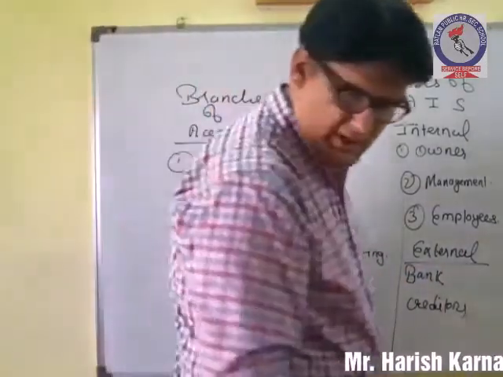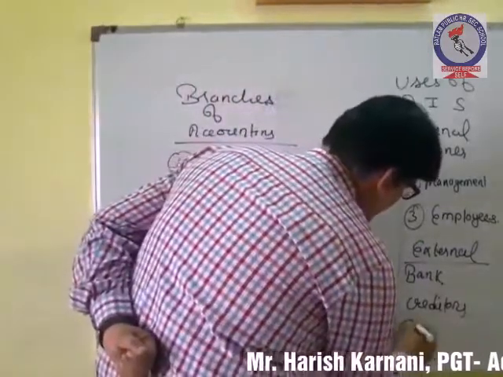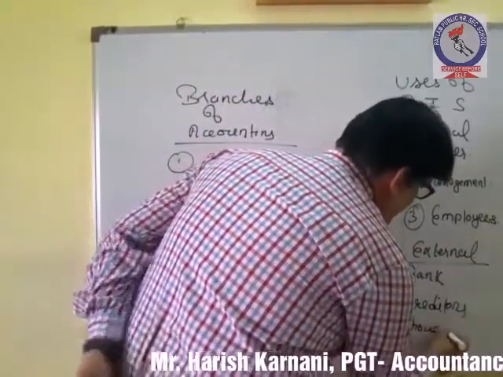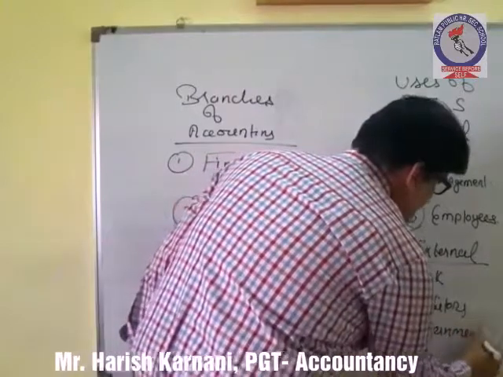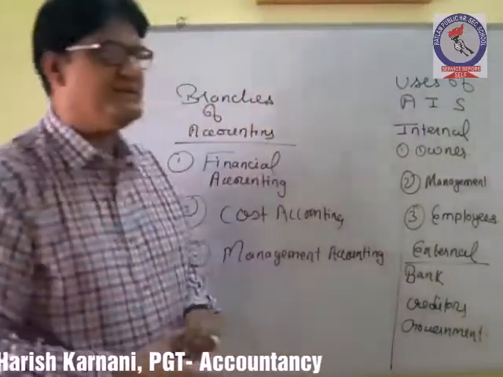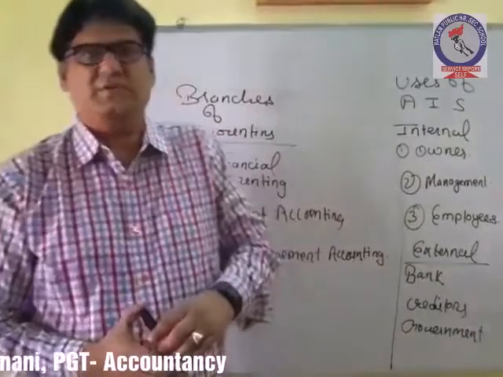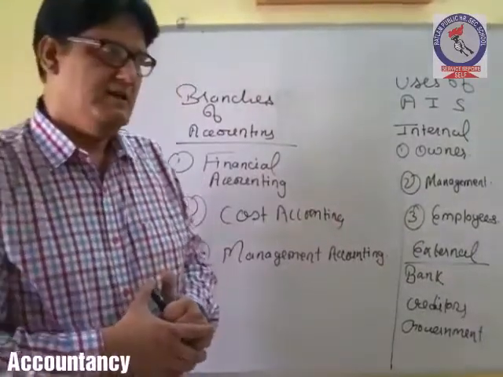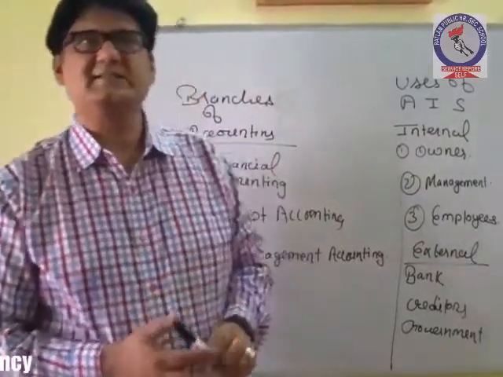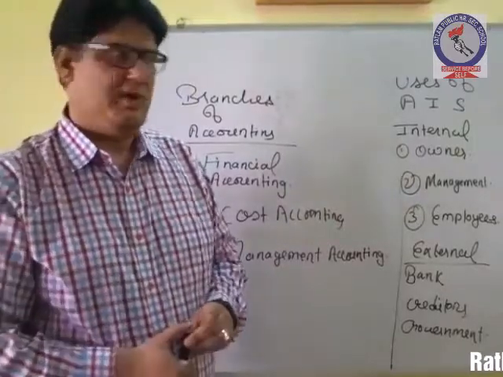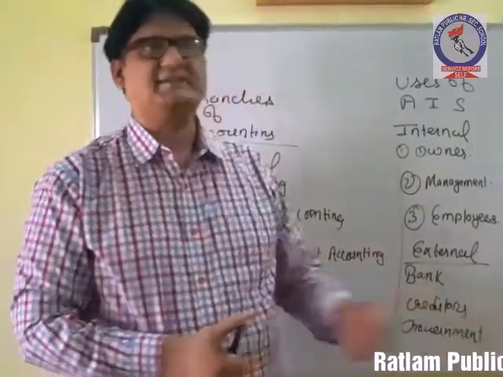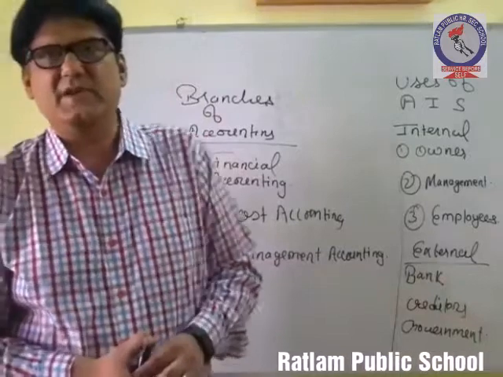Then move to another, that is government. Government is interested in the financial statement of any business organization so that they can assess the tax liabilities. So in order to assess the correct tax liabilities, they need the information.